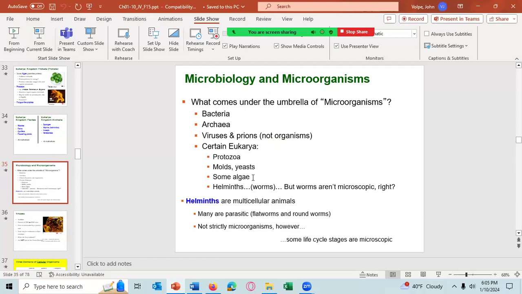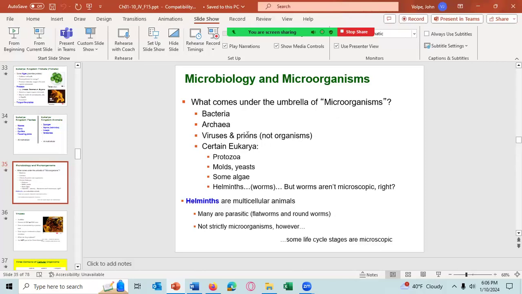Some algae, as long as they're microscopic, are a microorganism. And then the helminths, the worms, as well as the viruses and the prions, are microbes. But remember, the viruses and prions are not organisms. They do not have cells. They are a microbe that causes human disease, but they are not cells.